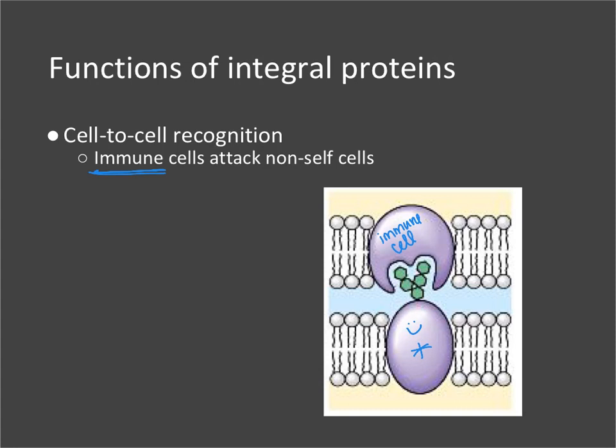So you can see that there's almost like a little receptor here that it can scan this part of the cell membrane that's sticking out, and this would be the glycocalyx, which we haven't really talked about yet, but we'll get to that. But this immune cell can basically scan this glycocalyx, and that gives it the information it needs to be like, okay, the cell is okay, do not attack.